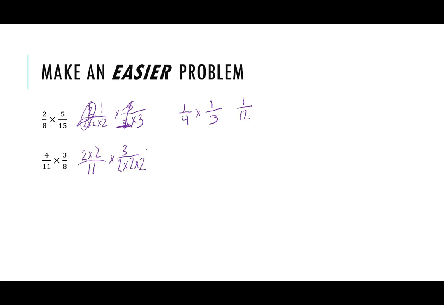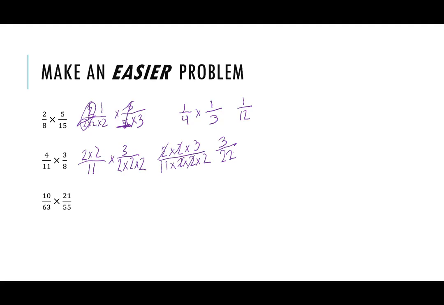Now if I just multiplied everything here, but without getting the answer yet, on the top I'd have 2 times 2, and then times 3, and on the bottom I'd have 11 times those 3 2s. So here I still have just one fraction. I'm going to simplify it. I have a 2 on the top, 2 on the bottom, a 2 on the top, 2 on the bottom. So I'm left with 3 over 11 times 2, or 22, which is easier than multiplying them at the beginning and then simplifying the fraction once I have an answer. I can just simplify along the way.